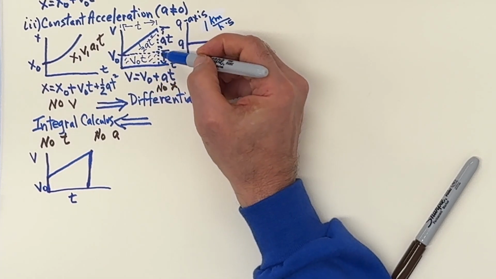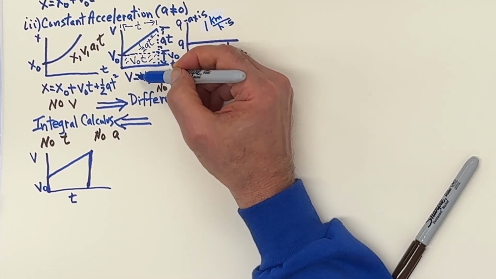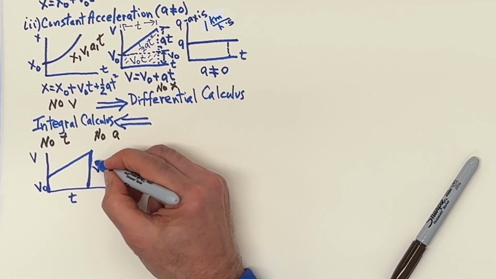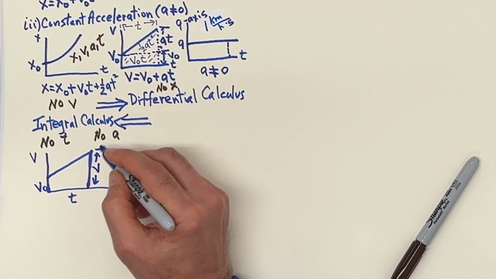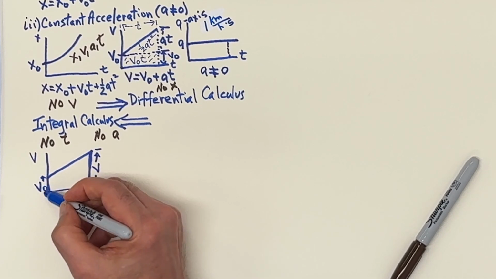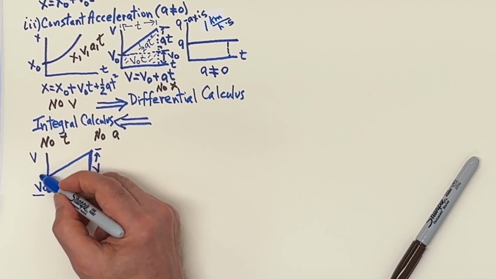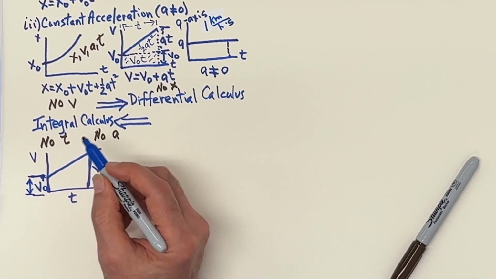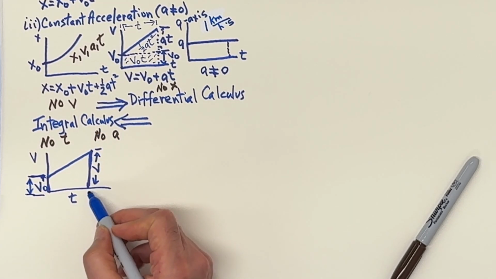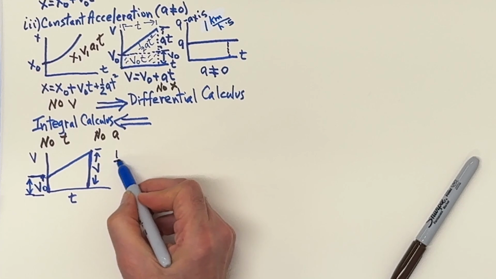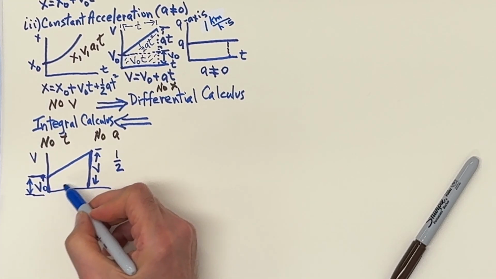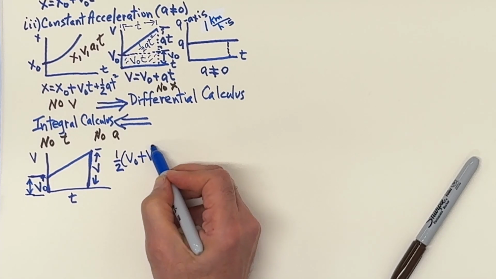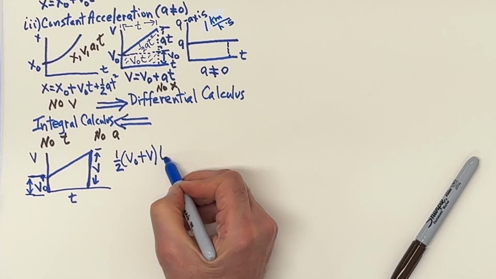And then at the far right here, notice that that's your v, because v naught plus at, that's your v. So this is v to go up to here. And this is v naught. That's v naught, and this is t. So the area of a trapezoid is you would take 1/2, an average of the heights, say v naught plus v, and then multiply it by the base.